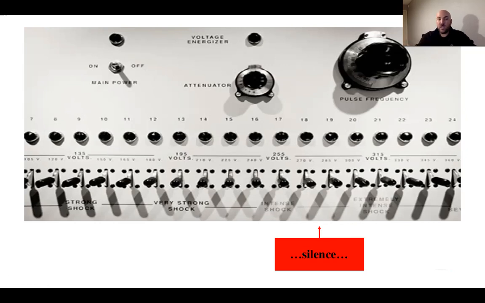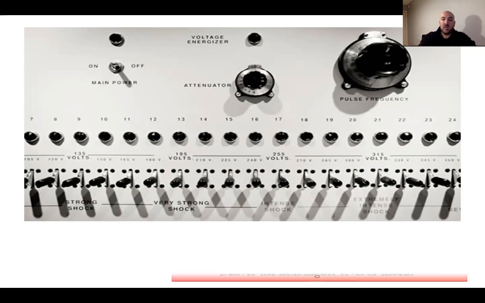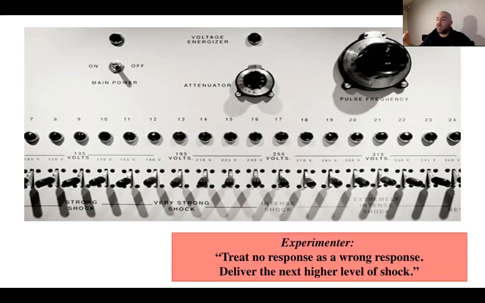If at any point the teacher said, I don't want to do this, they would turn to the authority figure, the man in the white lab coat standing behind them, and say, no, I'm done. And the experimenter would say, treat no response as a wrong response. Deliver the next highest level of shock. Or would say something like, the experiment requires that you continue.